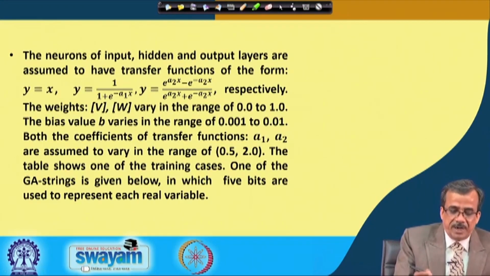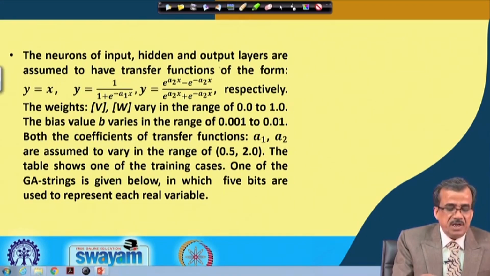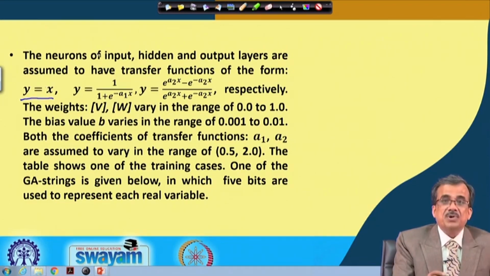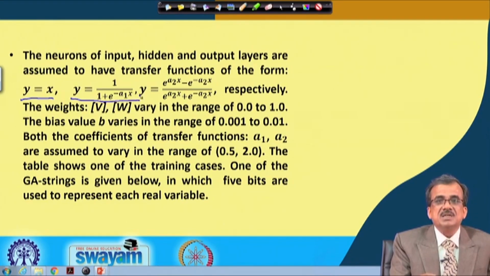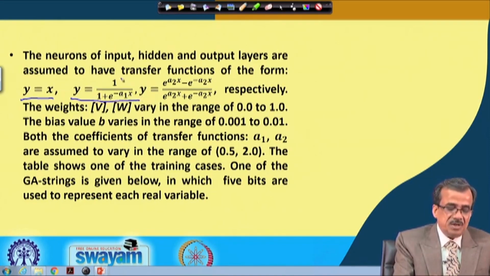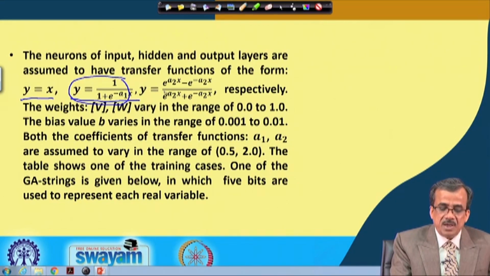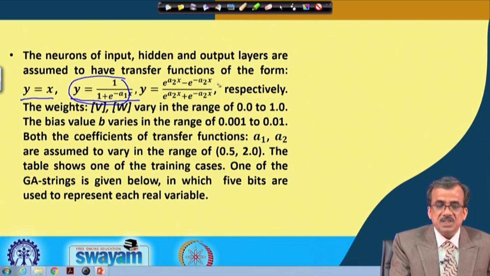Now, the rest of the statement of the problem is as follows: the neurons of the input, hidden and output layers are assumed to have transfer functions of the form y equals x, that is the linear transfer function, for the input layer; y equals 1 divided by 1 plus e raised to the power minus a1 x, that is the log sigmoid transfer function, for the hidden layer; and y equals e raised to the power a2 x minus e raised to the power minus a2 x, divided by e raised to the power a2 x plus e raised to the power minus a2 x.